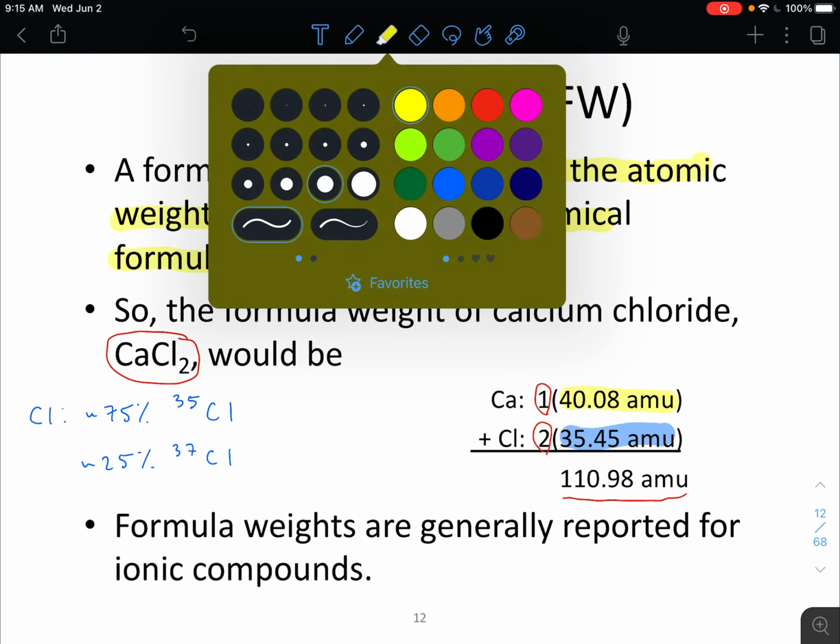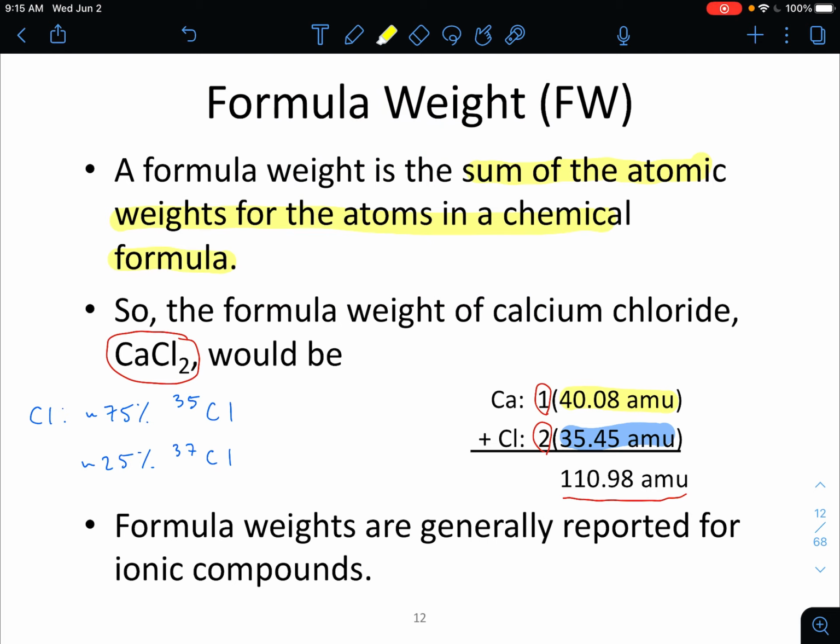A not especially important distinction that we're going to see here is generally formula weights are reported for ionic compounds. So ionic compounds we understand a little bit, right? It's two oppositely charged species that are attracted to each other. Those are the things that we spent lots of the second half of chapter 2 naming, and technically for ionic compounds we call it formula weight, and for molecular compounds, we call it molecular weight.